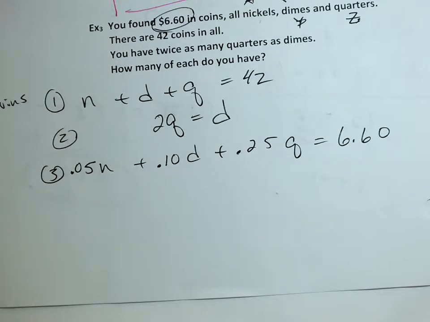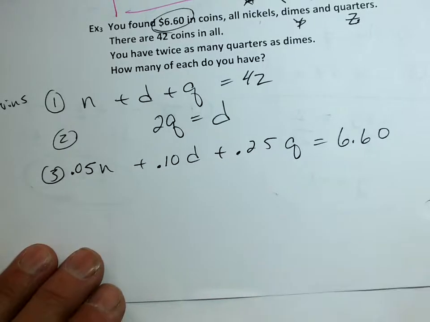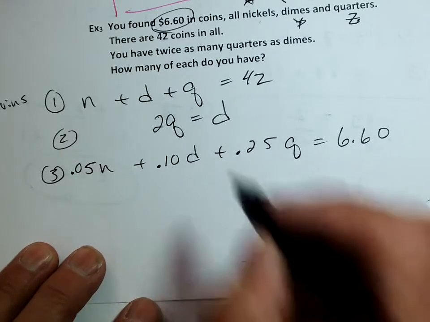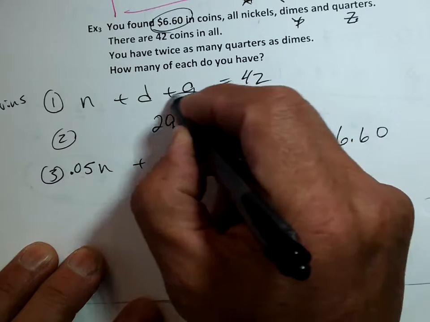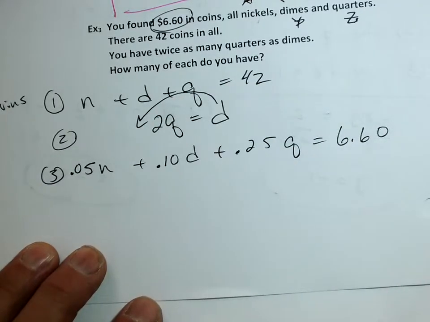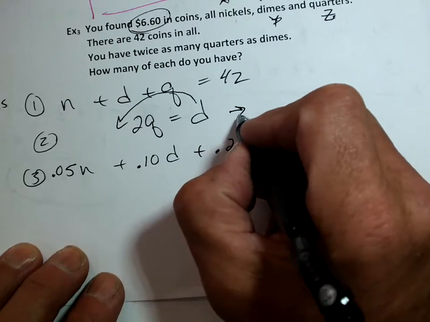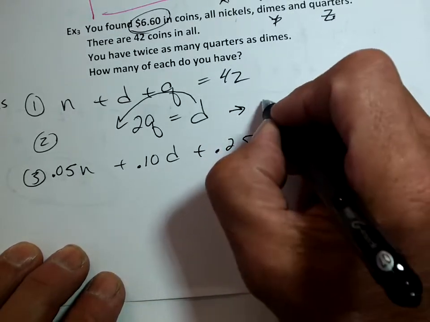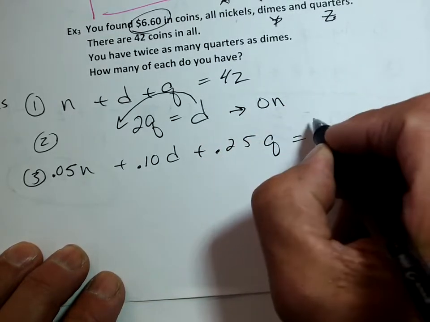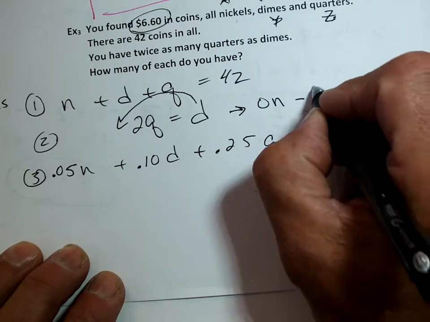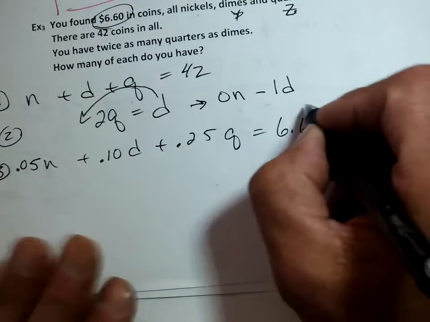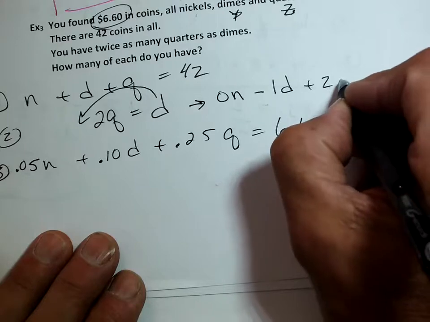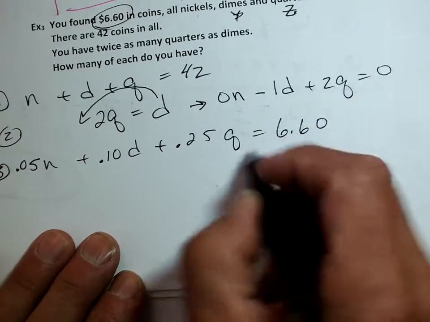Now the only thing I need to do is line them up. So equation 2, I need to fix equation 2, okay? On equation 2, I'm going to bring the D over here. So I'm going to rewrite equation 2 as 0n minus 1d plus 2q equals 0, okay?